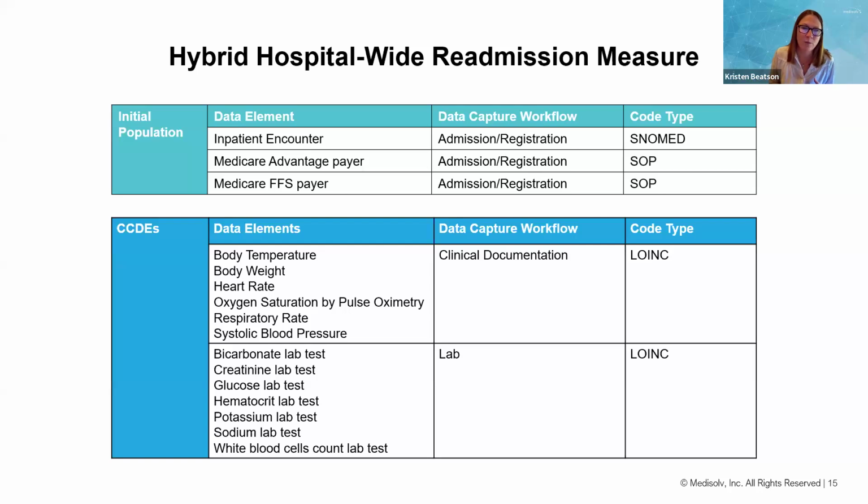And again, you may have different processes for capturing this data, different fields for capturing heart rate. Maybe you have one field for documenting in your ICU versus in your ER. Make sure every instance of this documentation is mapped to the correct code so that you can capture it regardless of where they enter your hospital.